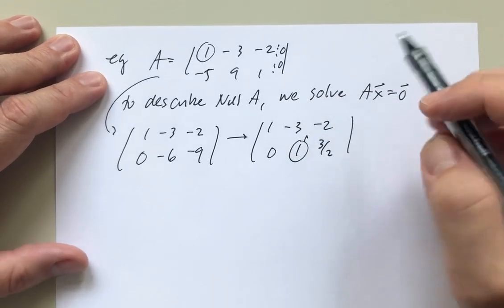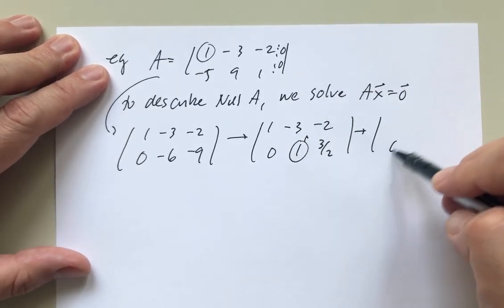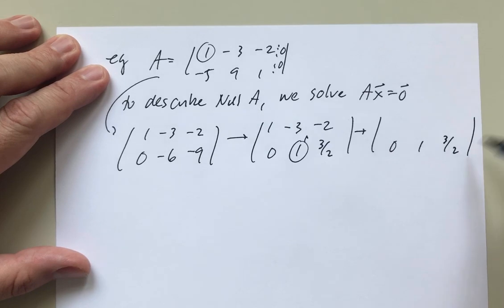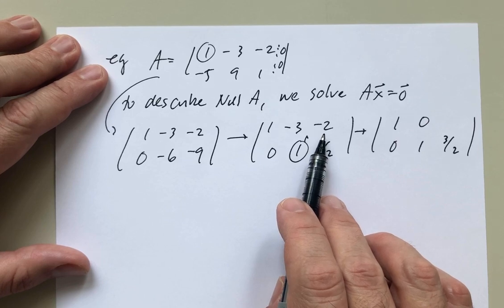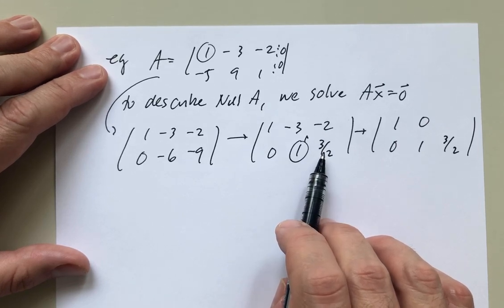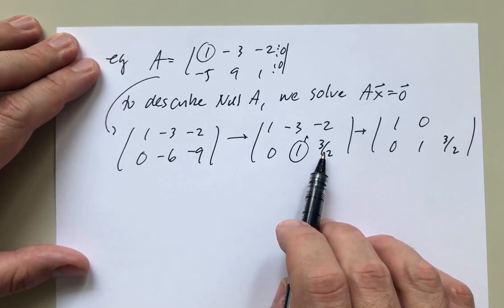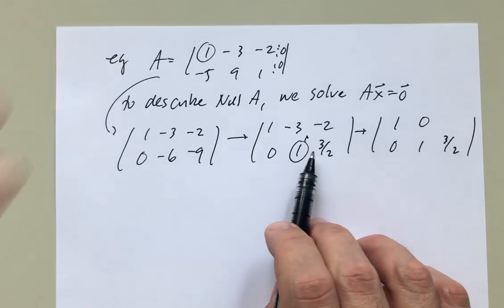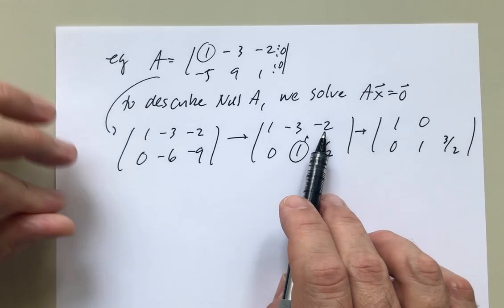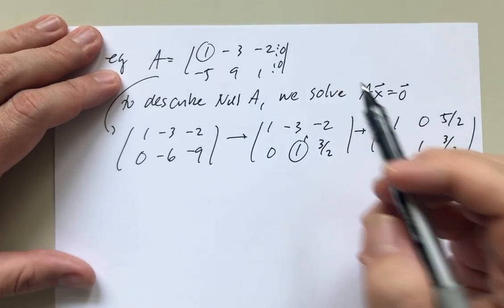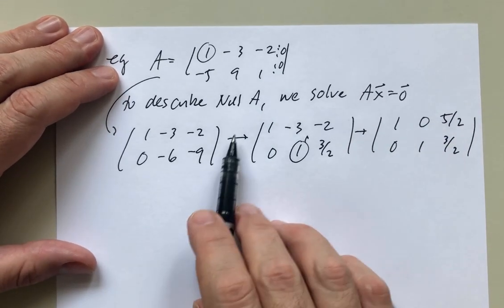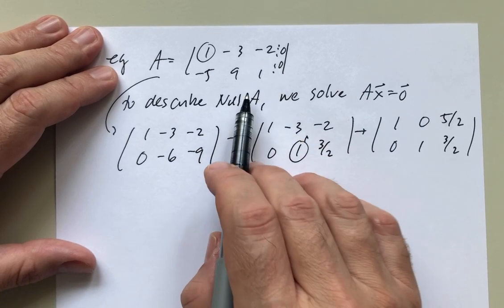So 0, 1, 3 halves, and then this will be 1, 0, taking 3 times this, so this is 9 halves, minus 4 halves, so that's 5 halves. Hang on, did I do this right? I had something different in my notes, but no, this looks right.